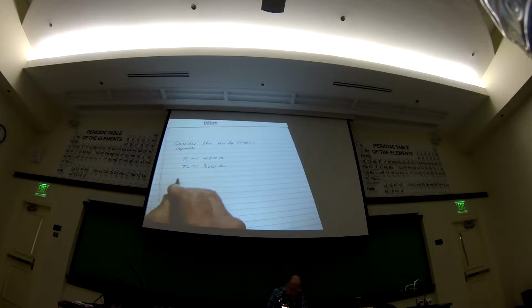Now this says that the efficiency cannot be more than T1 minus T2 over T1, which is 100 over 400, so cannot be more than 0.25, about 25%. That's most that thermodynamics allows you to get.